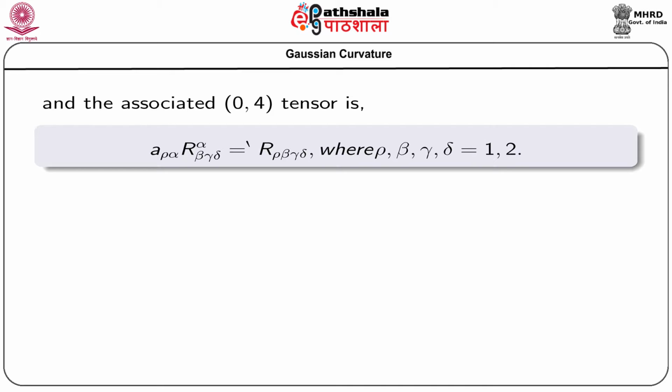So, A rho alpha R alpha beta gamma delta is equal to R dash rho beta gamma delta. So, it is a 0 4 tensor, and rho, beta, gamma, delta all vary from 1 to 2.